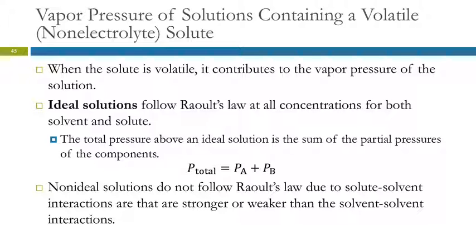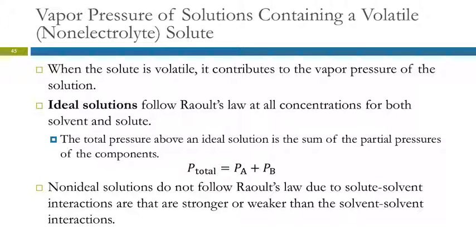Okay, so what if the solute is volatile, meaning it evaporates easily? The solute then will also contribute to the pressure of the solution. Some solutions are ideal. They follow Raoult's law at all concentrations for both the solvent and the solute.